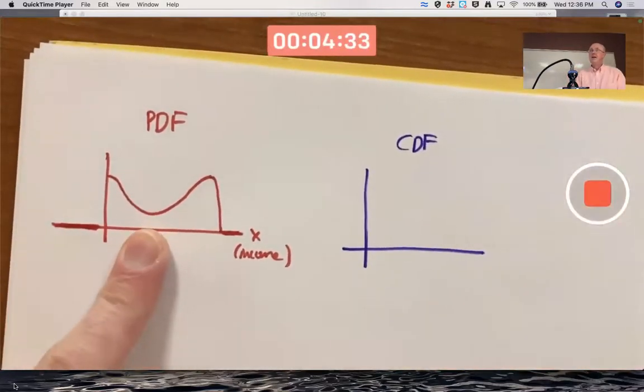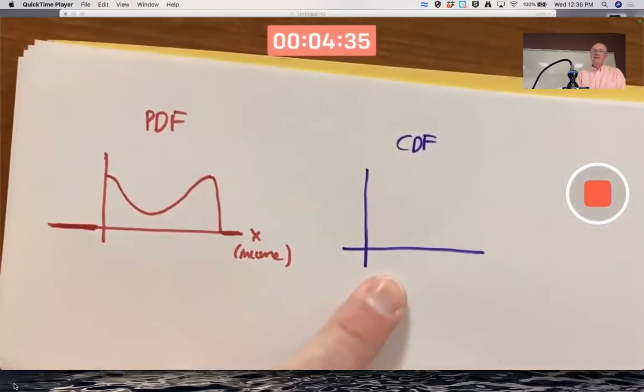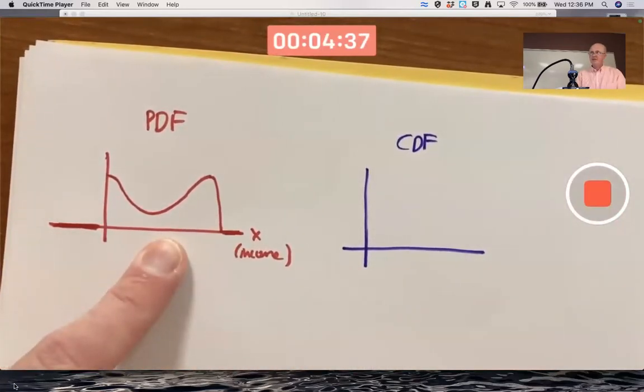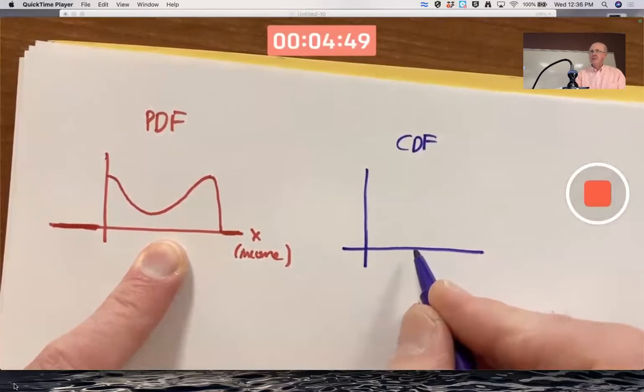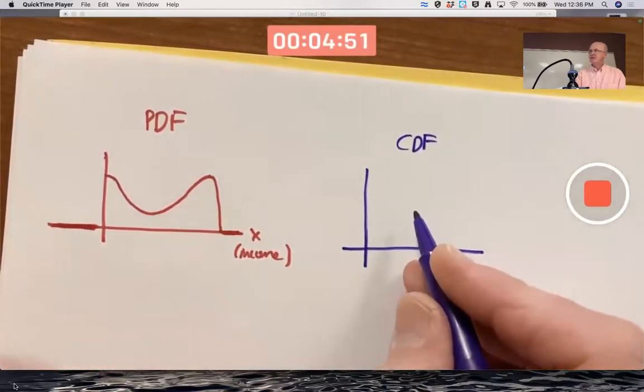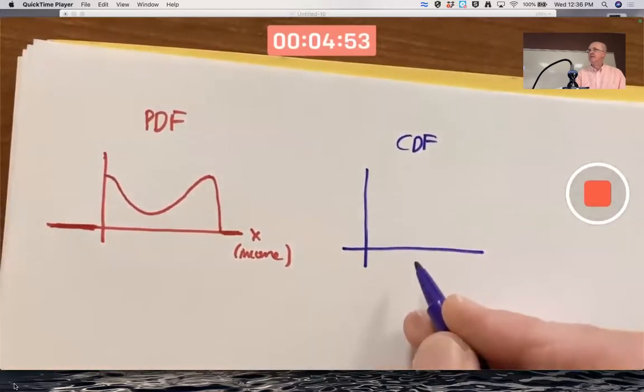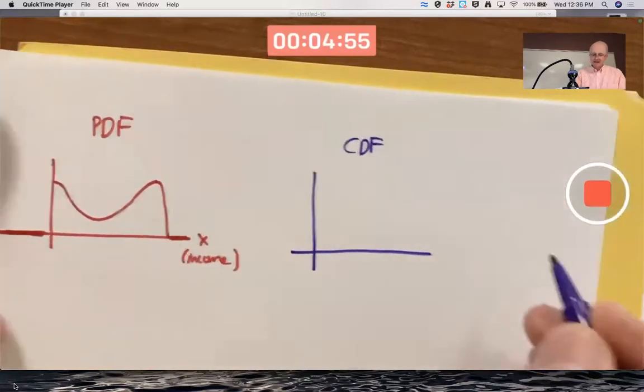Said another way, the derivative of the CDF will be the PDF. It is accumulating probabilities. It's accumulating fraction of the population. At any given value of X, the output of the CDF tells you the percentage of the population below that value of X, below that income in this case. X is still income.